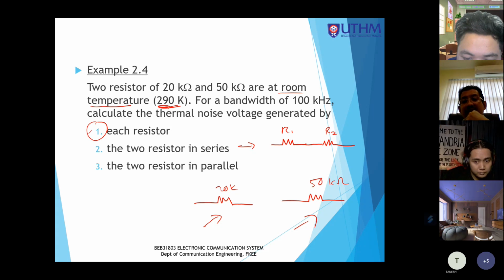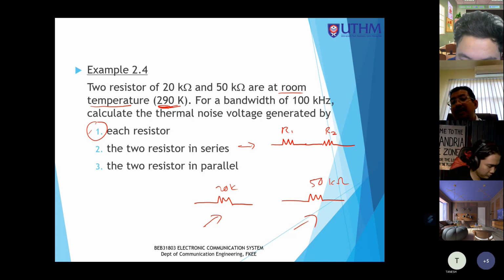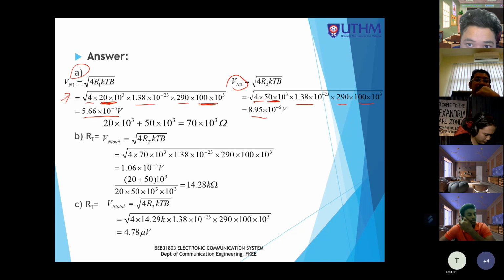So in this case kita perlu cari R total. So remember, saya rasa kamu dah tahu macam mana nak cari R total untuk series resistors. Okay, you kena tambahkan R1 ditambahkan dengan R2.